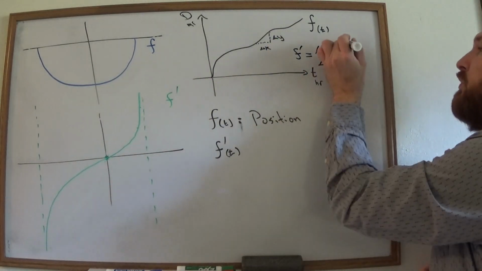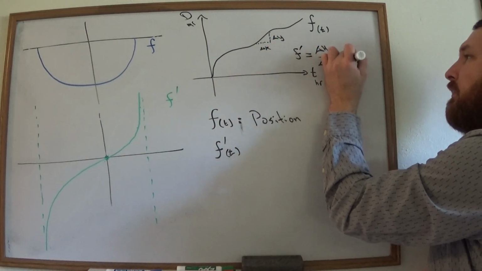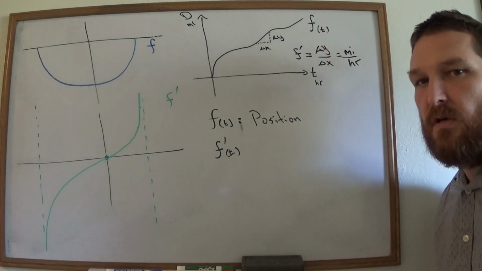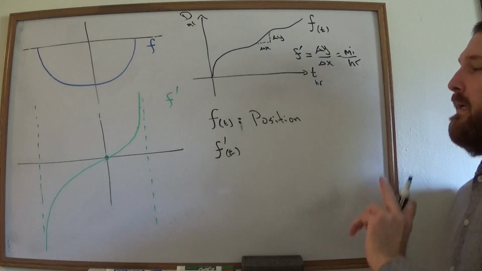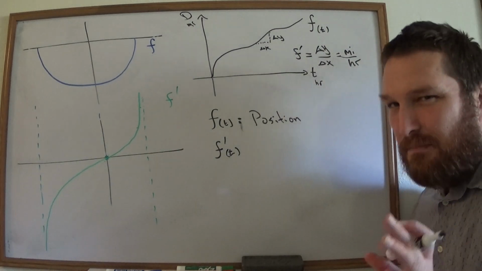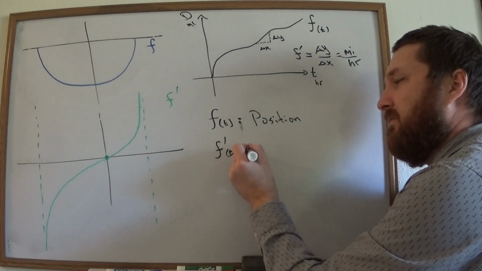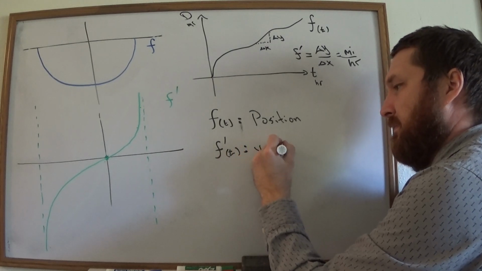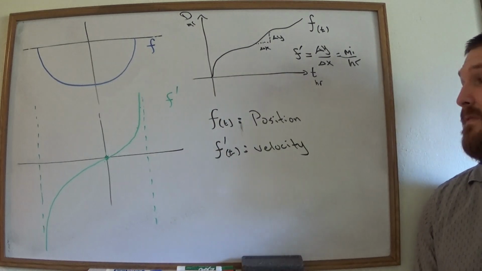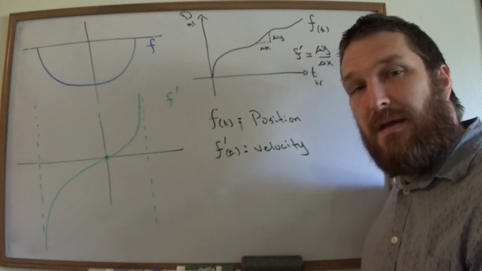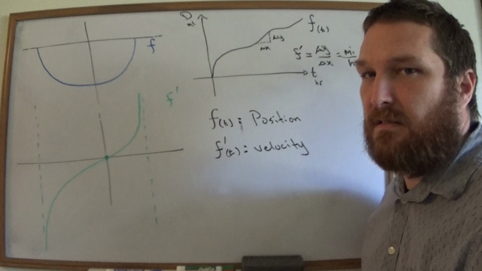Its units would be in miles per hour. And so this is just review. We've already talked about this. This would be your speed, right? Although it's not technically speed, it's called velocity. Why velocity? Well, because velocity can be negative, but speed is always a positive quantity.